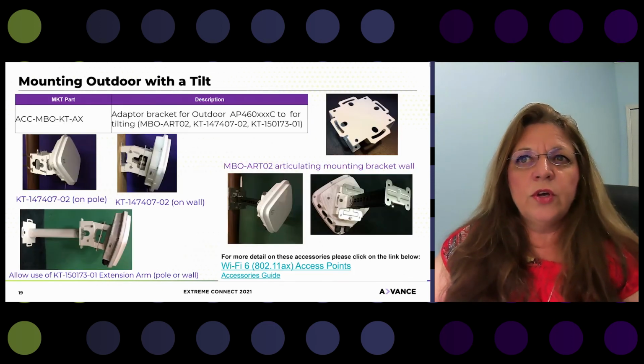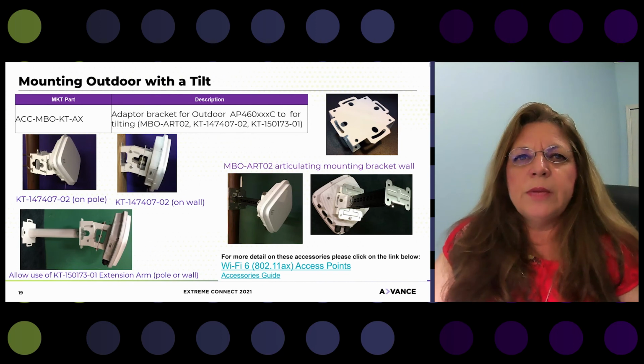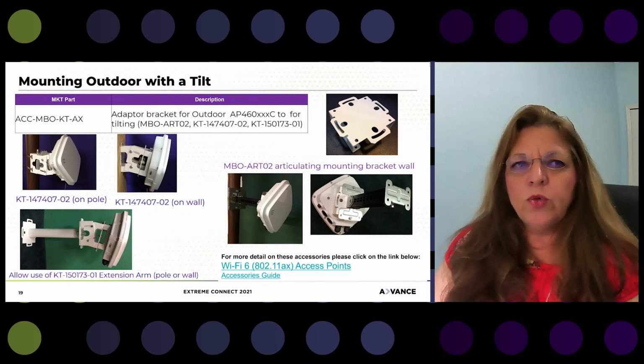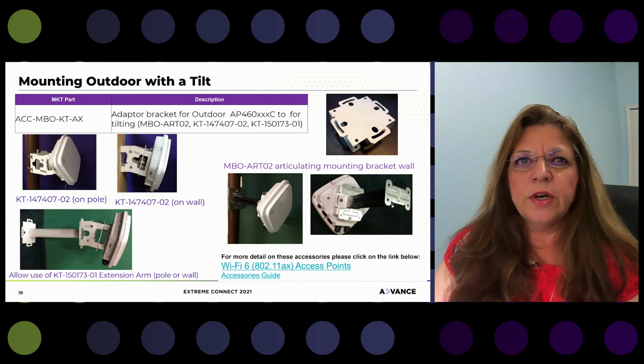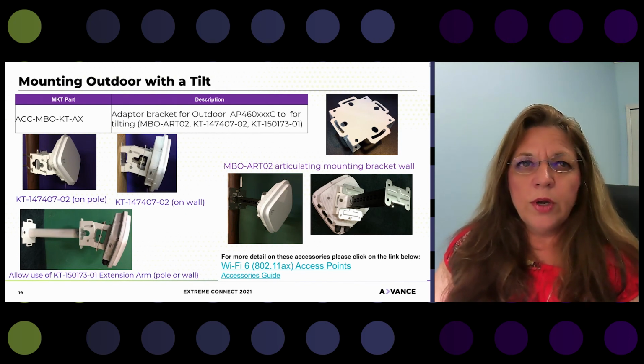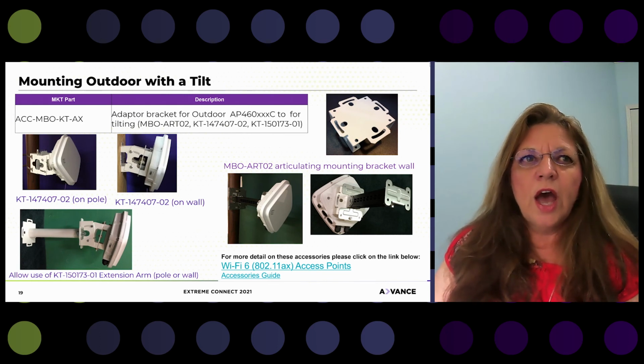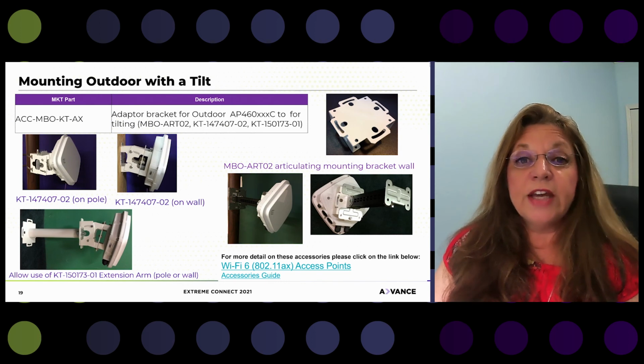I'd also like to talk about a capability we added to tilt outdoor APs. Previously, you could only mount it to the wall or to a pole, and it would just sit directly on the wall. So there are two options. If aesthetics are important and you want to keep to the white tones, you need the accessory MBO KT-AX.